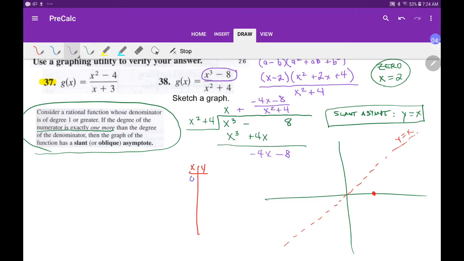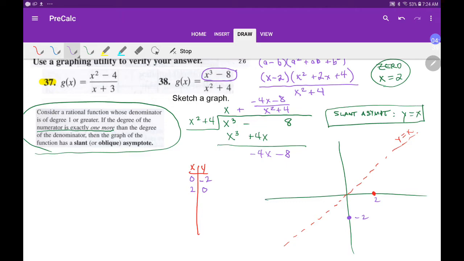Well, 0 is not too bad. When I put in 0 to the original equation, I get negative 8 over 4, which is negative 2. So when I'm at 0, I'm at negative 2. So we'll say that's negative 2 right there. This is positive 2. I know what happens when I put in 2, I get 0, because that is a 0, and that is what I get.